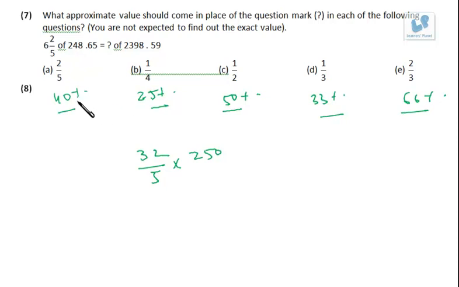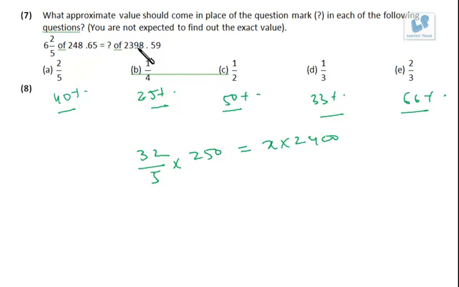Otherwise, what you will think, all the data are less than 1, or all the data are lying between 0 to 1, hence approximation cannot be done, right? If you are not clear that the options are quite far from each other, right? So it's 32.5 into 250 is equal to x into 2400, right? We approximated this to the higher side and this to the higher side.